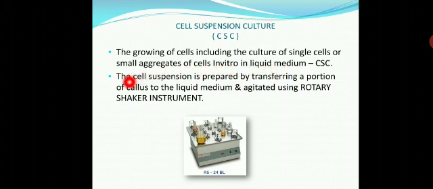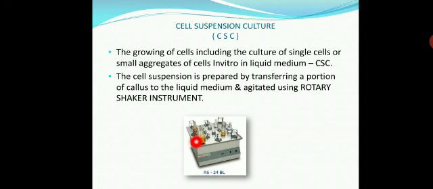Here we prepare a cell suspension culture with the help of a rotary shaker instrument. Here there is a rotary shaker instrument, and here there is a conical flask. That conical flask contains MS liquid medium. Into that MS liquid medium, we inoculate the single cell or small aggregate.